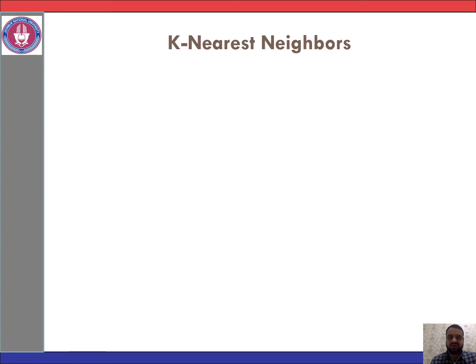Now let's talk about the k-nearest neighbor classifier algorithm. As a first step, we load all the training data and then we initialize the k value. K value is the number of voters which decide the class of the test sample.